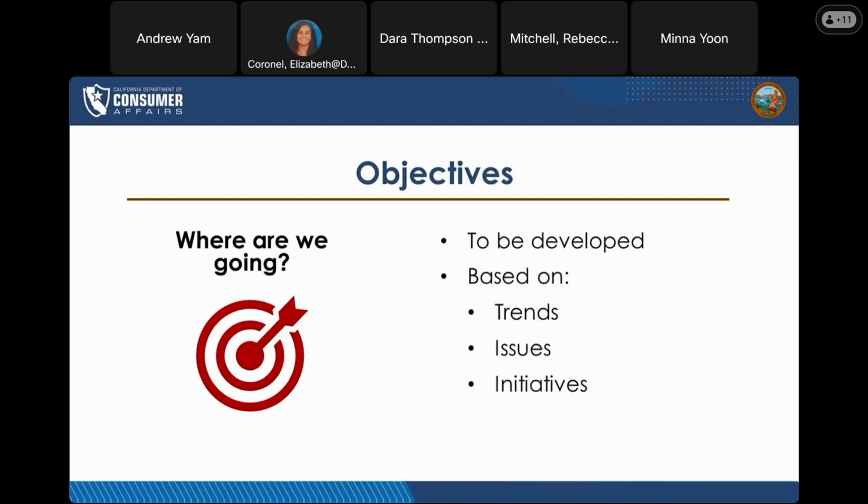The objectives are typically created for each goal area based on the important trends that are identified by stakeholders in the environmental scan, as well as any issues or initiatives that the board would like to address. During the strategic planning session, you and your management team will have time to discuss, assess, and develop objectives for the next several years.